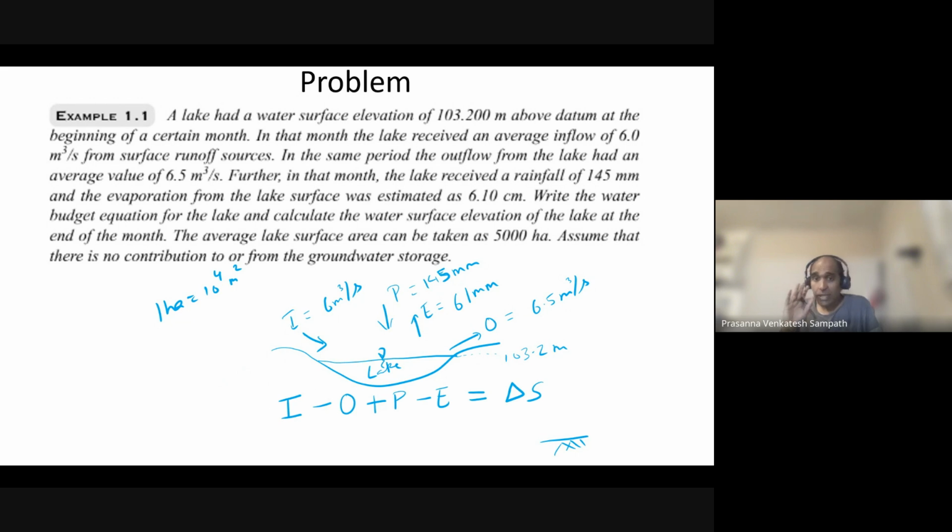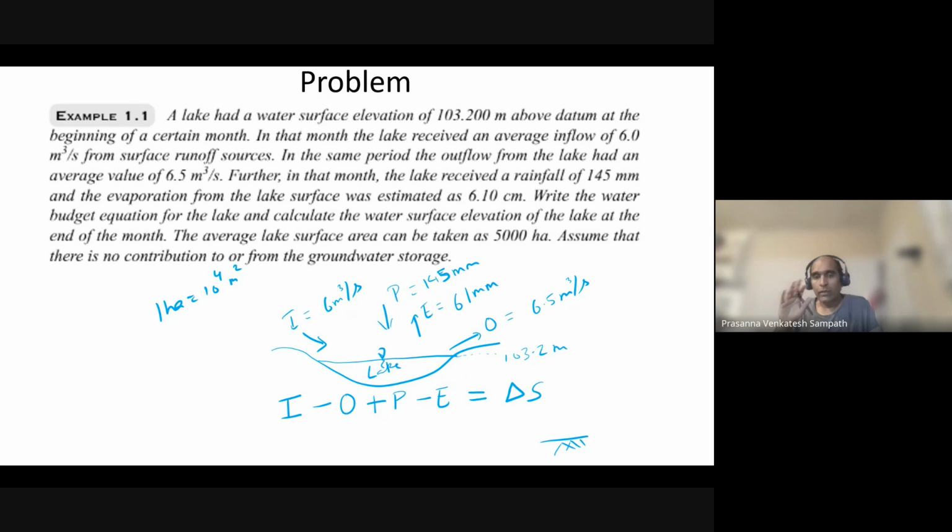Now the only catch is that either you convert all the terms in this equation to meter cube per second, or convert all the terms to meter cube, or convert all the terms to meters or millimeters, right?